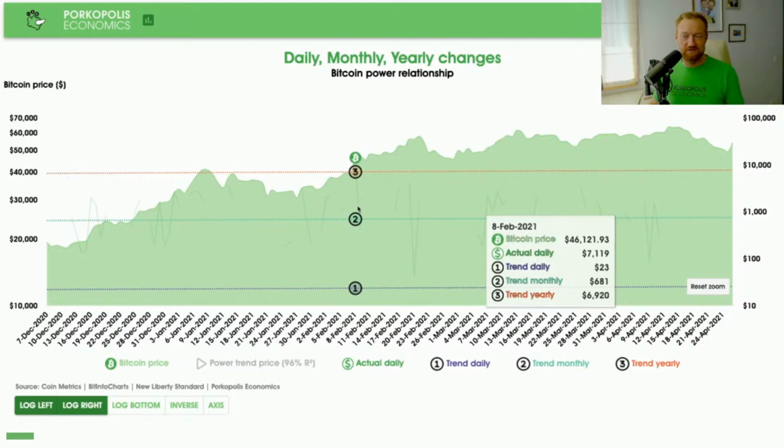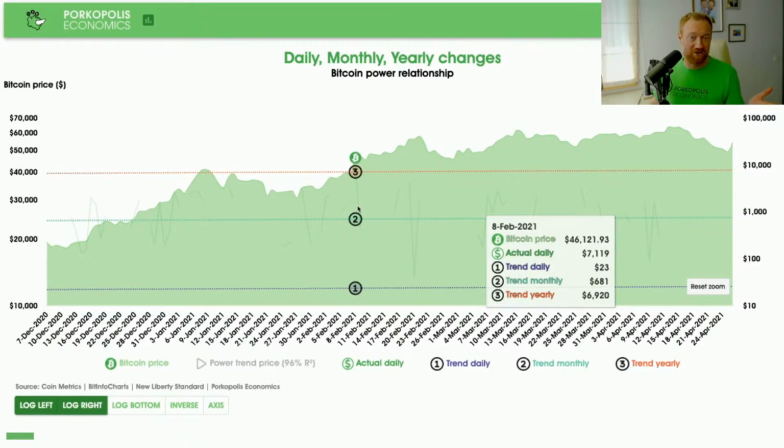So let's look, for example, when does the trend line day hit a $6,920 change on the day? Well, that's well into the future, because what is the daily change of the trend right now in 2025? We just talked about it.